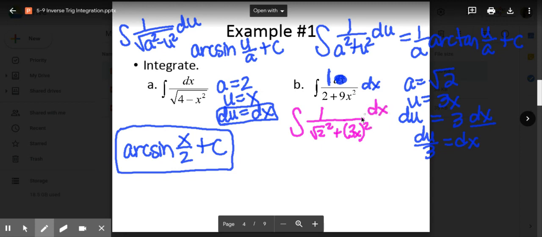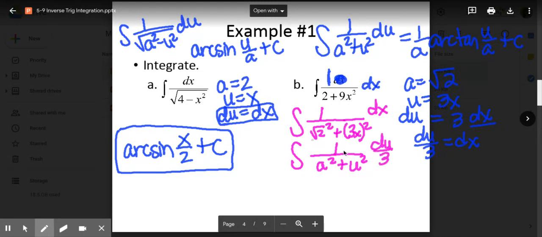So I'm just thinking about this here a minute. All right, so if I trade this out and look at what I got here, I got 1 over, the square root of 2 was my a, so that's a squared. And then the 3x, that was my u, so that's my u squared. And in place of the dx, I'm going to put du over 3.